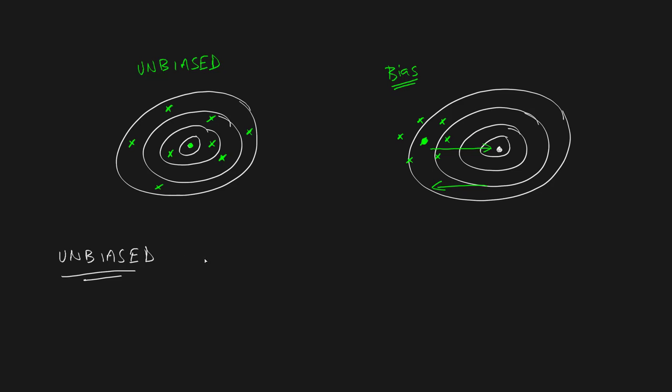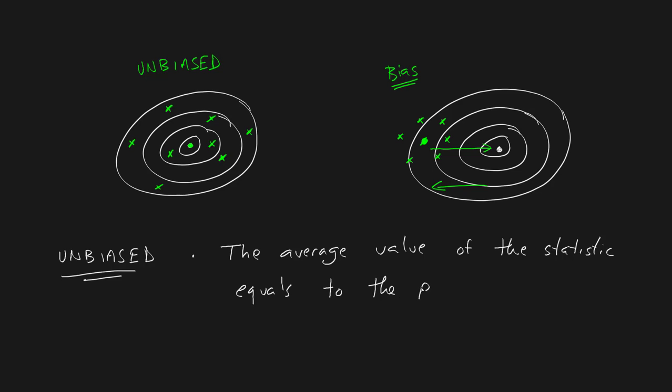An unbiased estimator is one where the average value of the statistic actually equals the population parameter that we're trying to estimate. So that's like this one here.